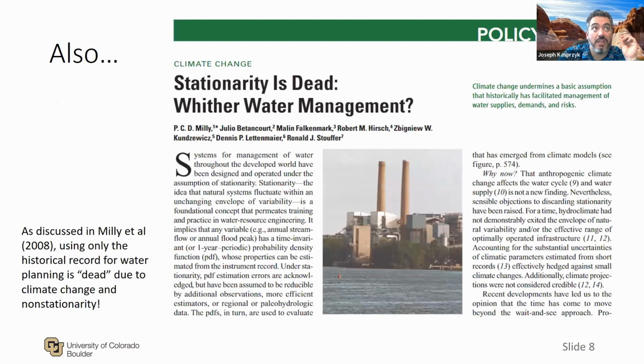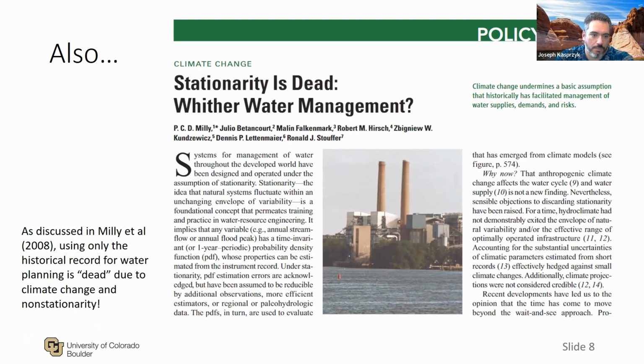So, in addition to the uncertainties around the way the term is defined, when we get to the hydrologic input portion of the class, we're going to talk about the idea that the field has really come to terms with the fact that the past is not the best source of information about what's going to happen in the future.